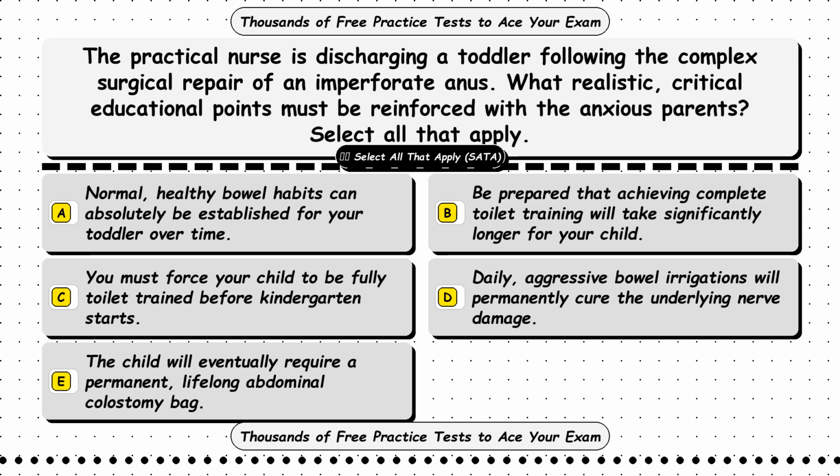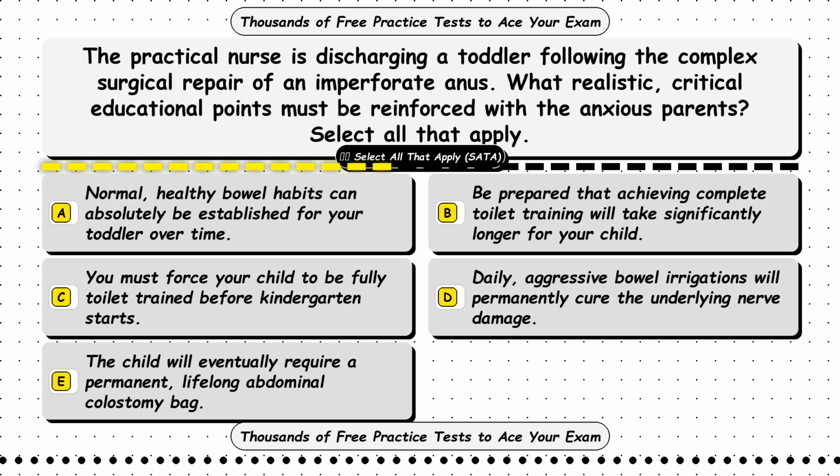Question 148. The practical nurse is discharging a toddler following the complex surgical repair of an imperforate anus. What realistic, critical educational points must be reinforced with the anxious parents? Select all that apply. Option A, normal, healthy bowel habits can absolutely be established for your toddler over time.